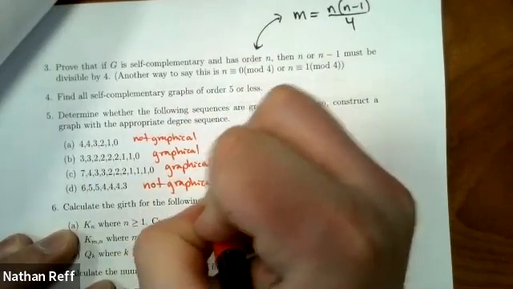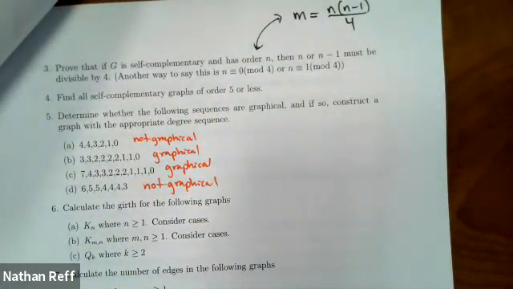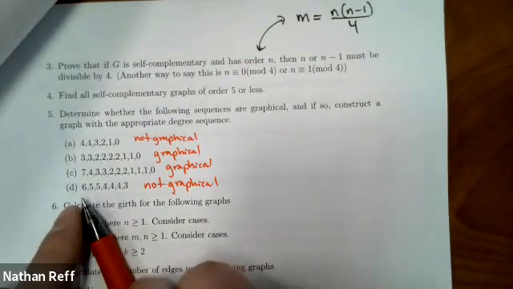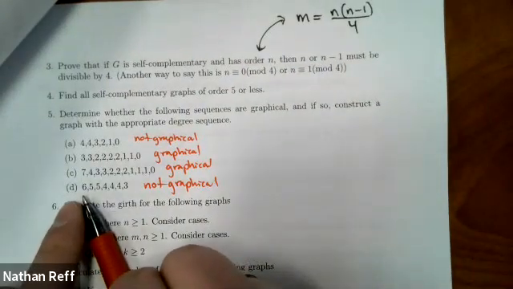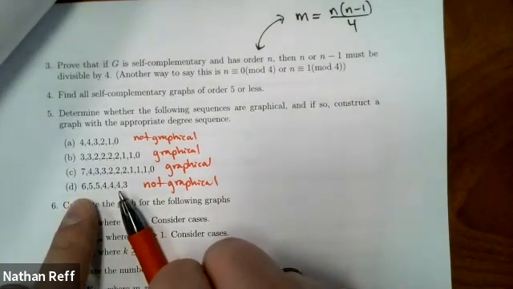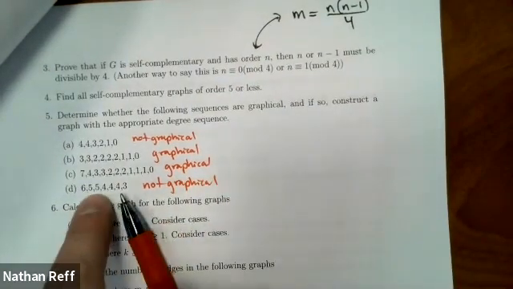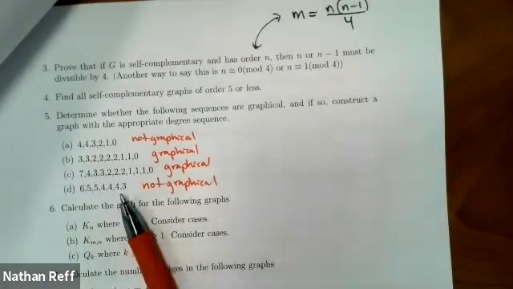You can get all of this from Havel-Hakimi, doing every single one of those, and most of you did that. I'm just pointing out, for example, this last one. This last one is not graphical. Do you see that there's degrees 5, 5, and 3 there? Without even doing Havel-Hakimi, this is definitely not graphical because there's an odd number of odd vertices.